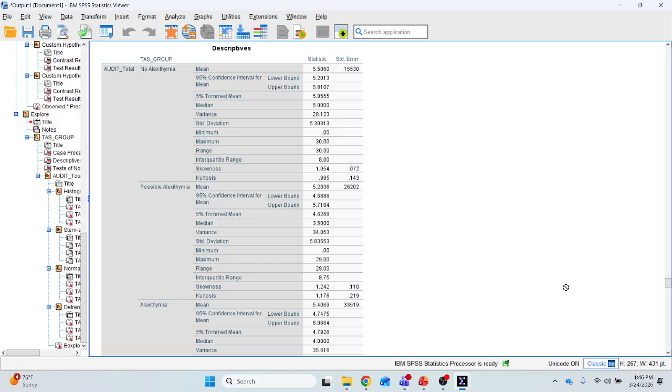Group 2, possible alexithymia, your mean should be what? 5.20. And for the severe alexithymia, their score should be? 5.406, 5.41 rounded off.